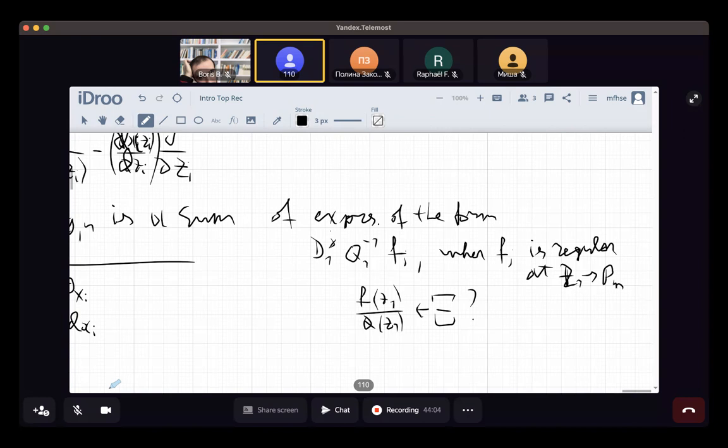It has a simple zero. So this is some Laurent series with at most simple poles. It doesn't have any poles of order greater than 1. Any terms in the principal part of the Laurent series at any of these points pi with order greater than 1, right?